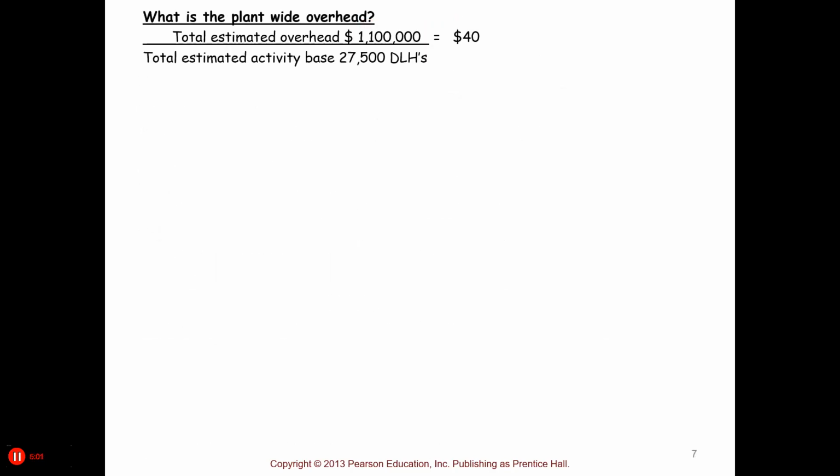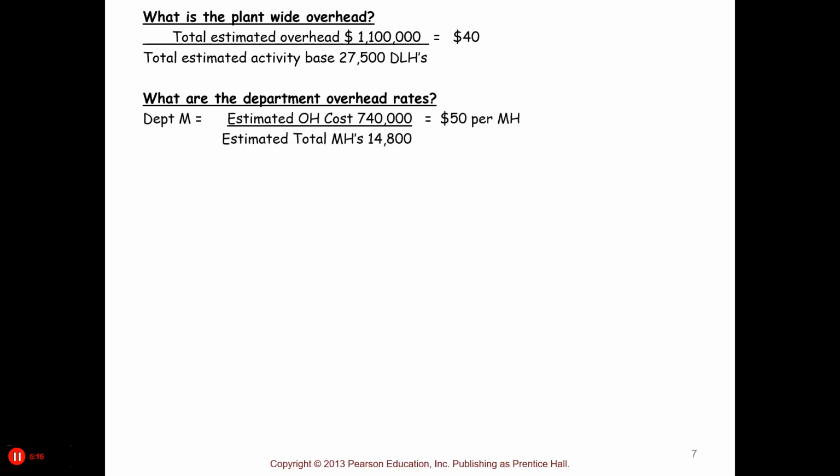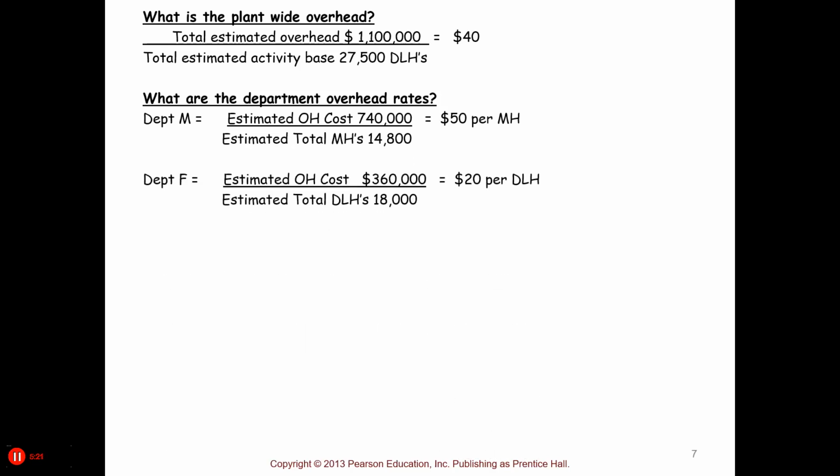It's going to be the estimated overhead cost divided by the estimated direct labor hours. It's 40 bucks an hour. Then we're going to calculate the overhead rate for Department M, which is going to be based on machine hours, and Department F, which is going to be based on direct labor hours.